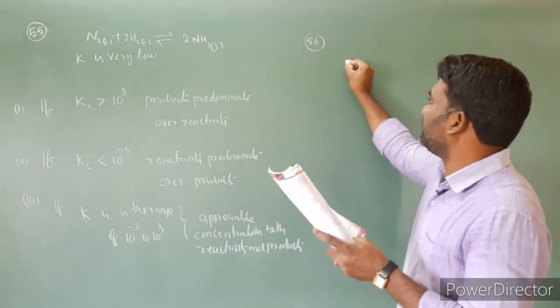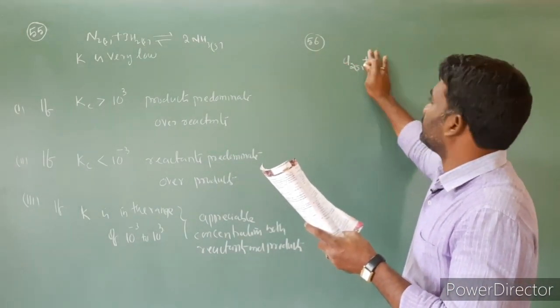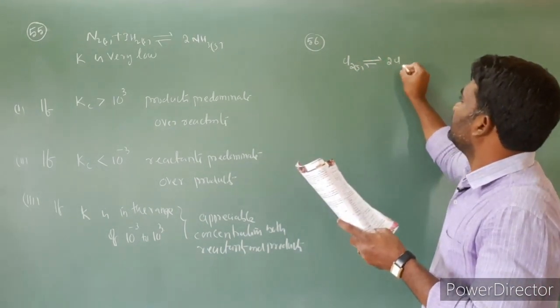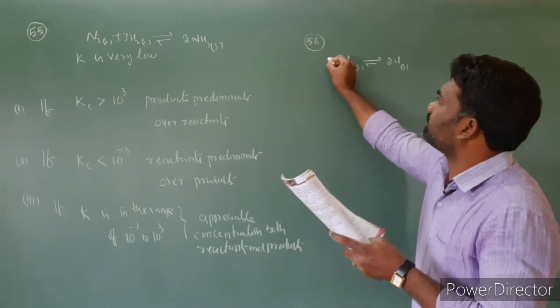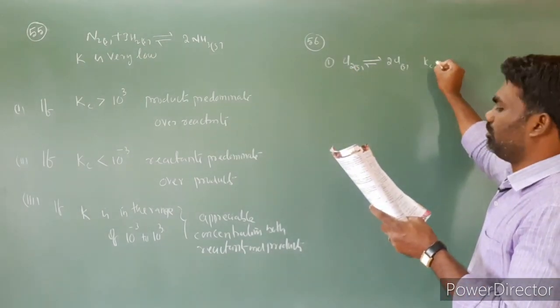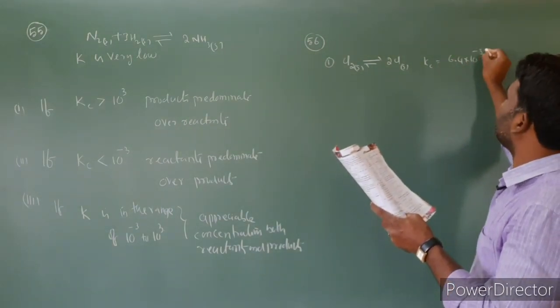So the first option is Cl2 gas plus Cl2 gives rise to 2Cl, a gas. Option 1, Kc is given as 6.4 into 10 power minus 39.